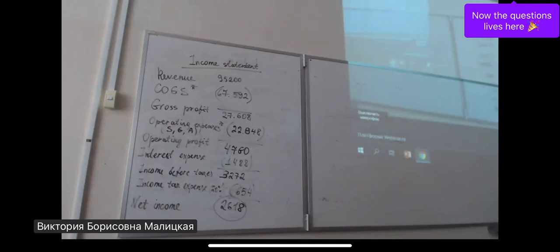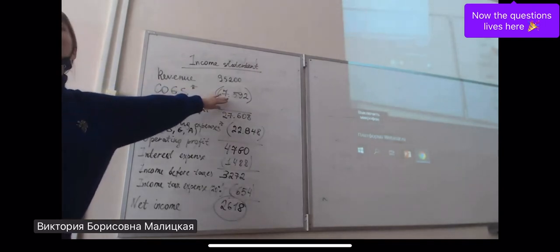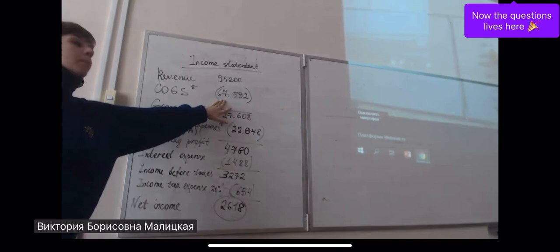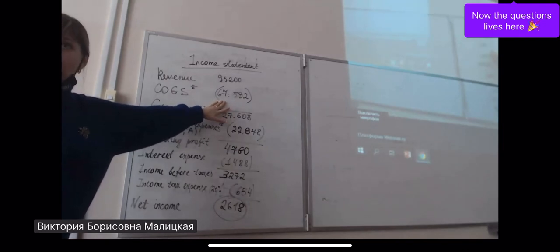The indicators that are expenses are always put in brackets. Sonia, it depends on the country. In Russia, we put everything in brackets. Apple doesn't. It's up to you. It's not a mistake. You may even write down minus. Very few companies do it, but still they do. All expenses and losses are always put in brackets in Russia.